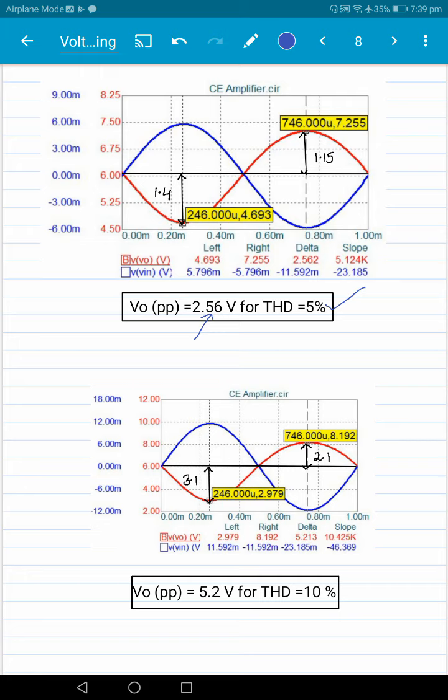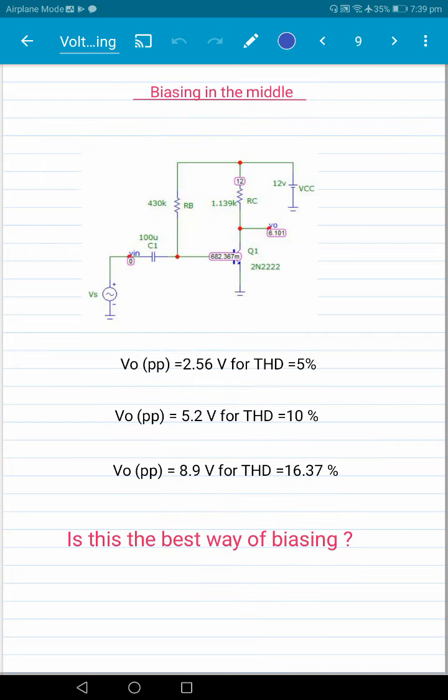If you increase the input a little, you can get 10% harmonic distortion with 5.2 volt output voltage. So how much output swing you get all depends on the harmonic distortion. That's kind of a summary. If you bias it in the middle, 6.1, then you get a swing of only 2.56 volt for 5% distortion.